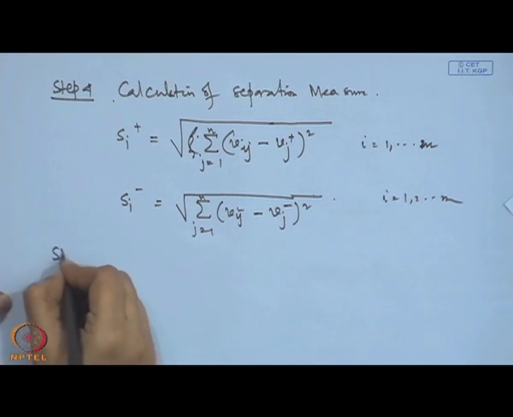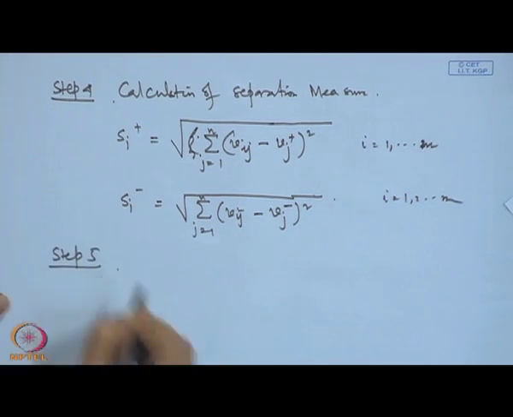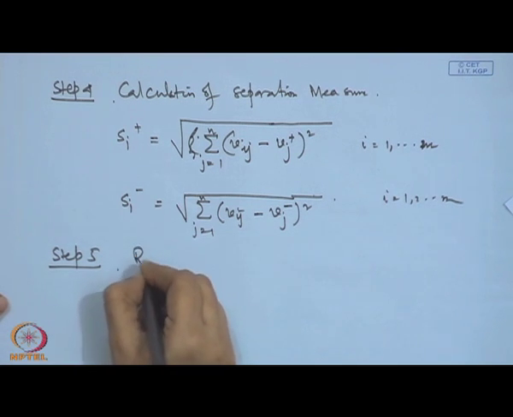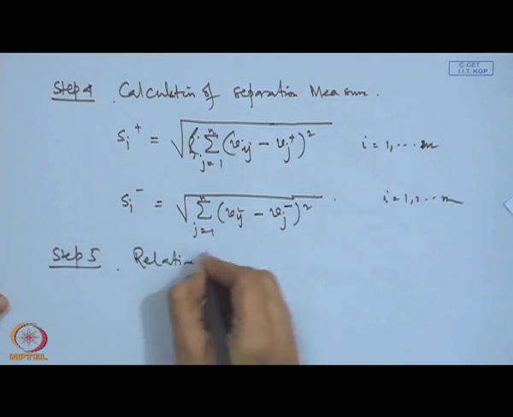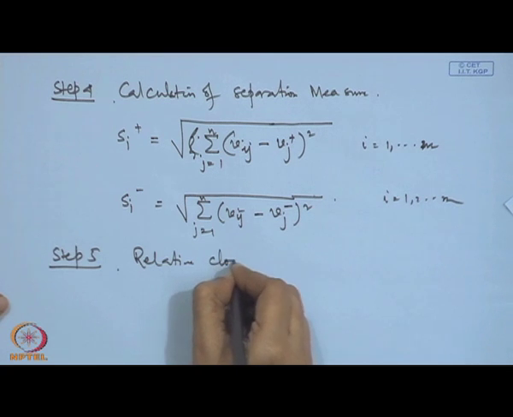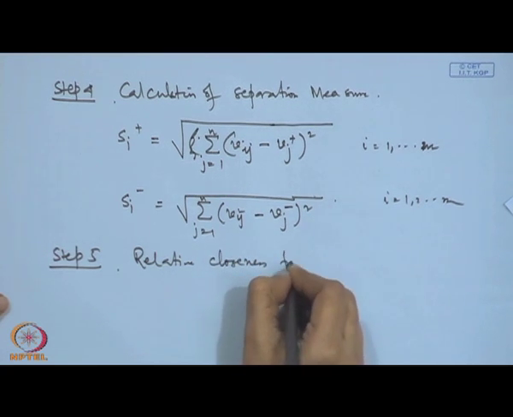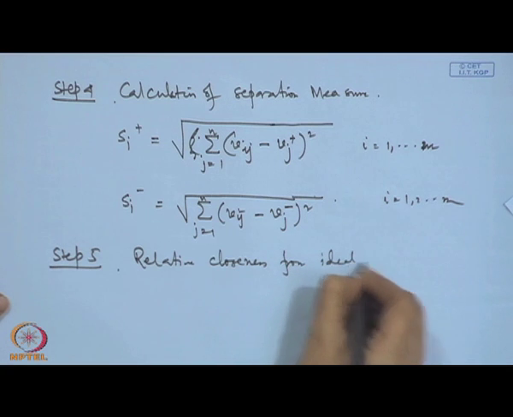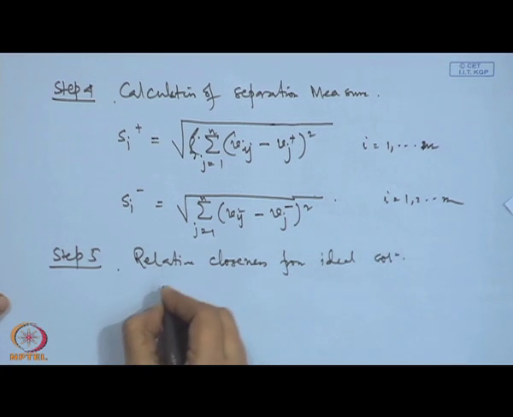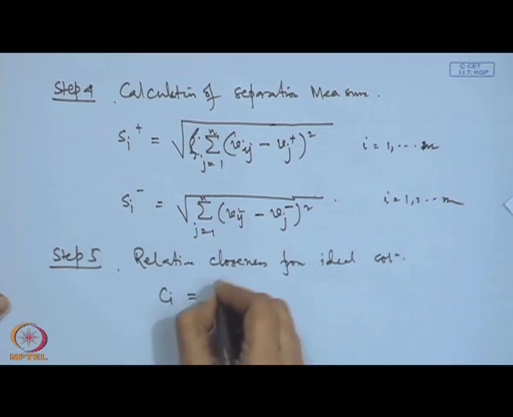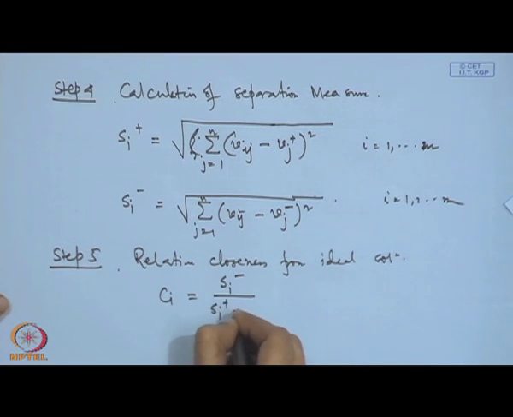And the next step, step 5, is that we consider the relative closeness to the ideal solution. The measure is Si minus divided by Si plus plus Si minus.